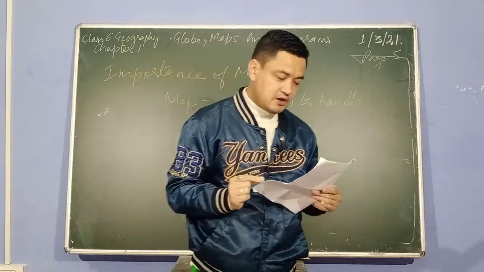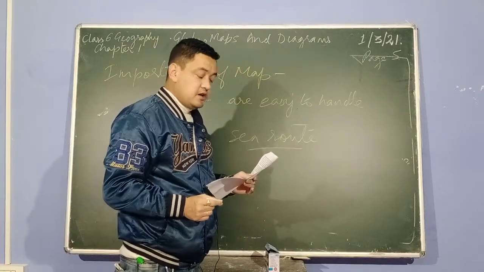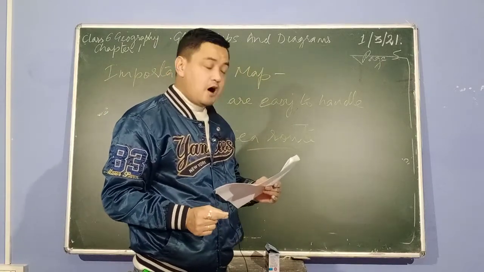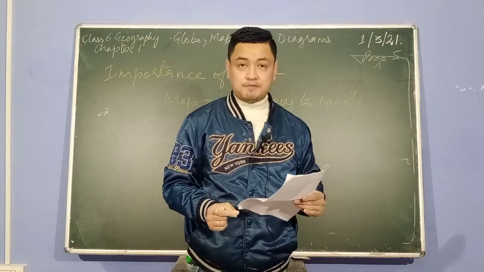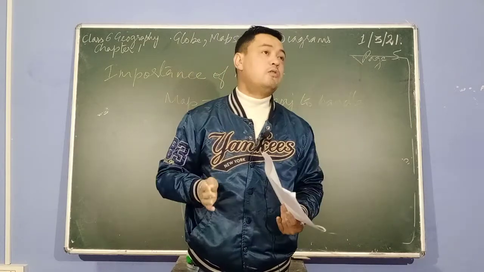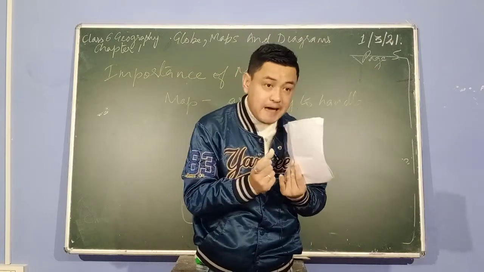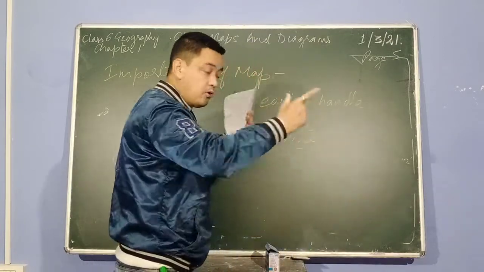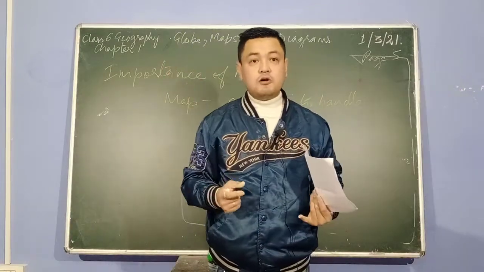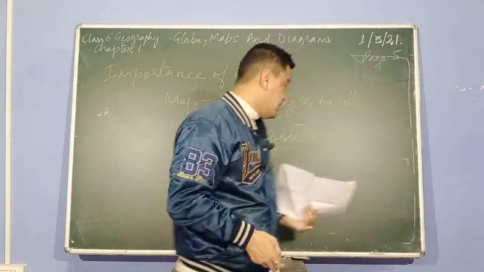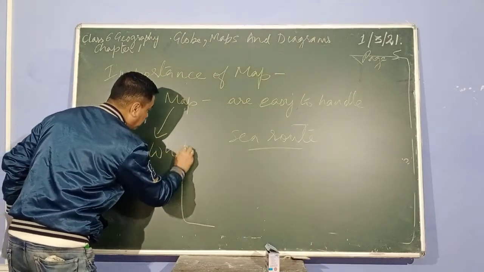Are you understanding? The second point that we are going to understand in the map is it shows more detail of a small area. If you look at a sketch or a plan, it shows only the detail of a particular small place. But the map shows the detail of the whole area also, or a part of it. The whole area means it shows the whole world.